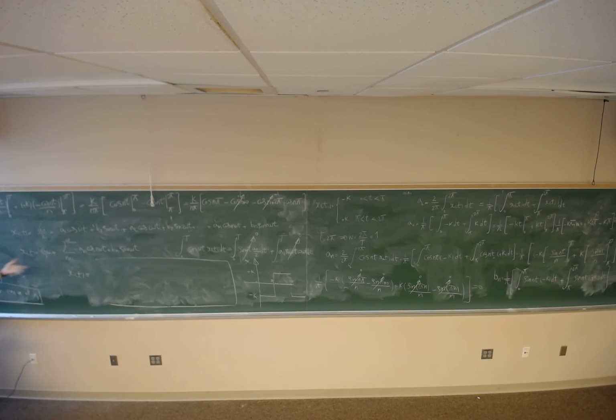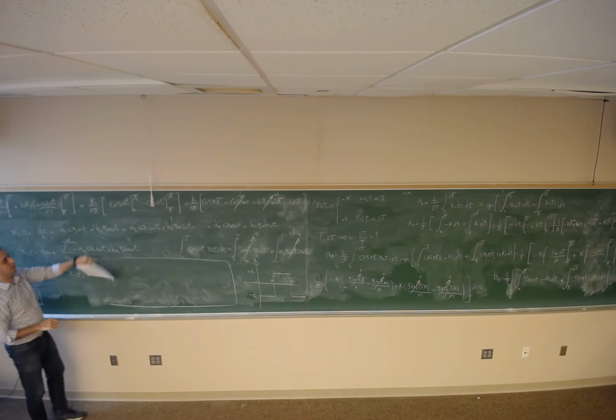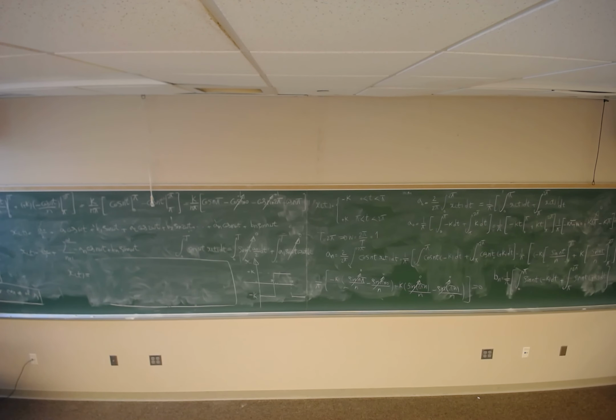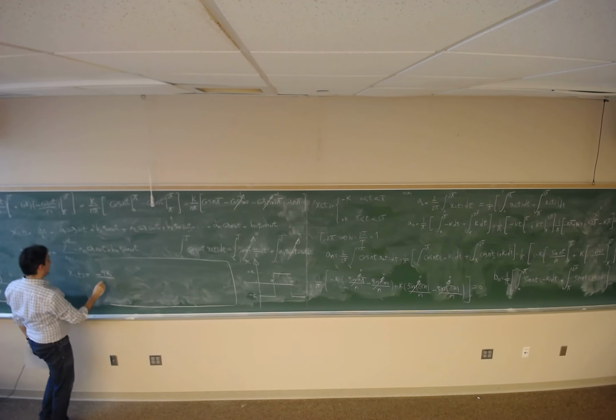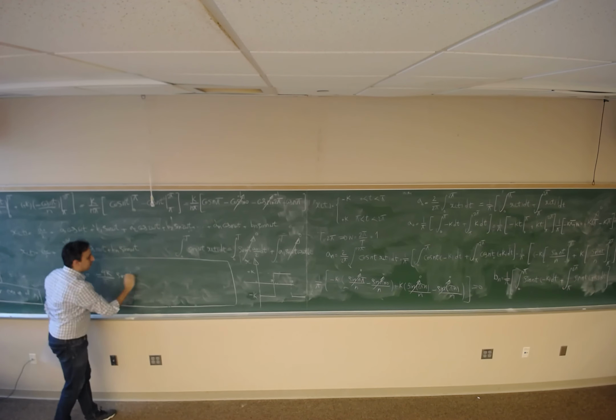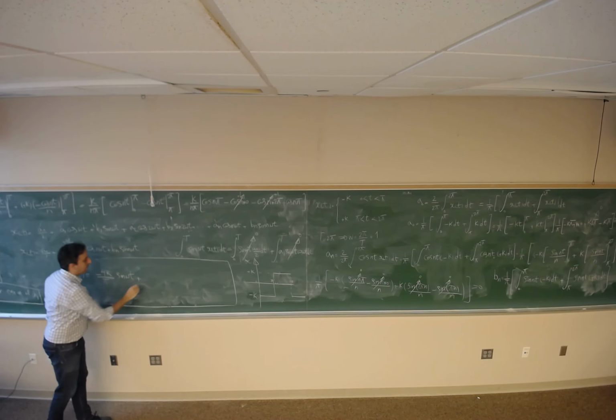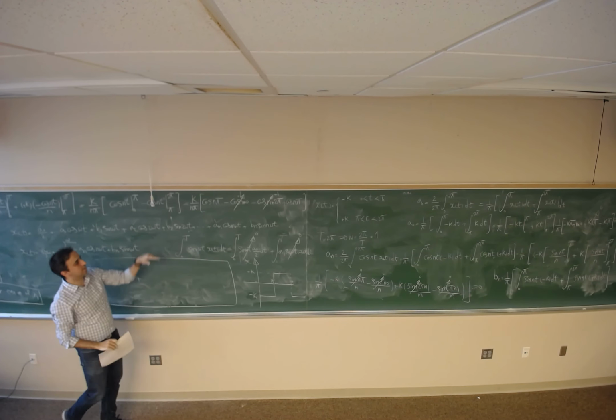A1 cosine of omega t, all a values are 0. This term, B1, just plug in n equals 1. It's going to be k divided by 1 times pi times negative 4. Negative 4k divided by pi sine of omega t, plus A2, A is 0.